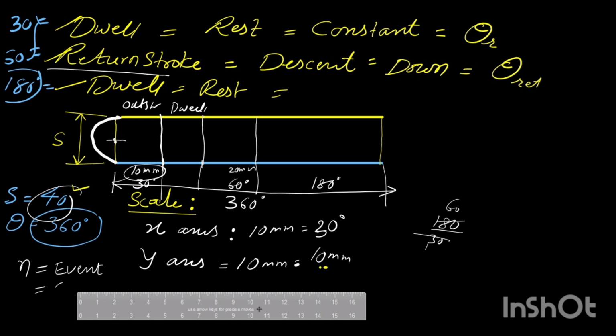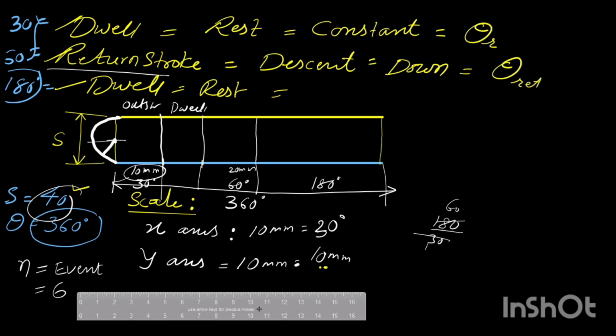Okay, now say you want to divide into 6 parts. Say this is 6 parts, which means 180 by 6, so at each step there will be 30 degrees.